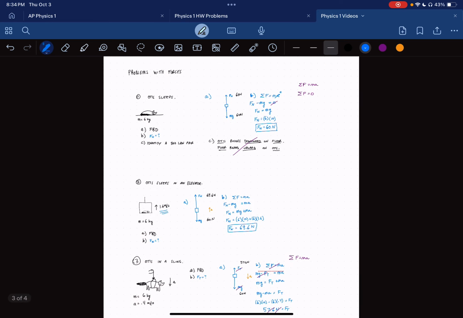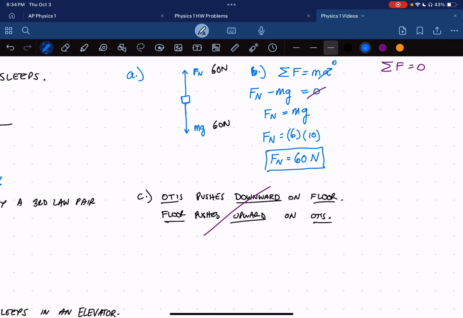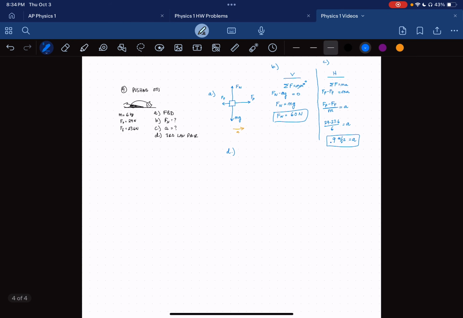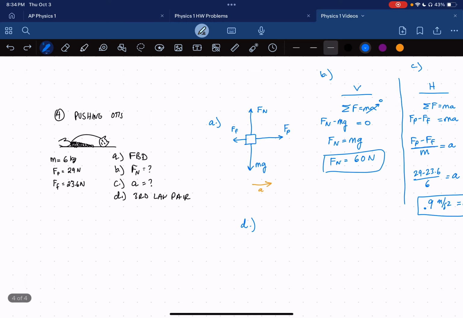We can do something similar to over here. Otis pushes downward on the floor. The floor pushes upward on Otis. Still applies here, right? So the floor is pushing on Otis with a 60 Newton force, and Otis pushes back downward on the floor with the same amount of force. So you could say that.